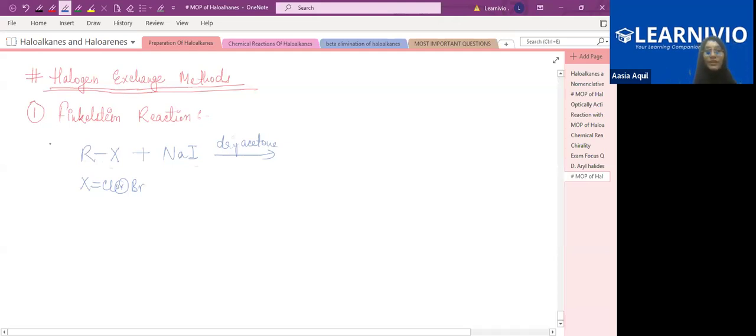In the reactant there is a halogen group, and in the reagent you are using, sodium iodide, there is also a halogen group, which is iodine. So the X group, which can be either chlorine or bromine, is exchanged, replaced by this iodine, and you will get RI, the iodoalkane, over here.